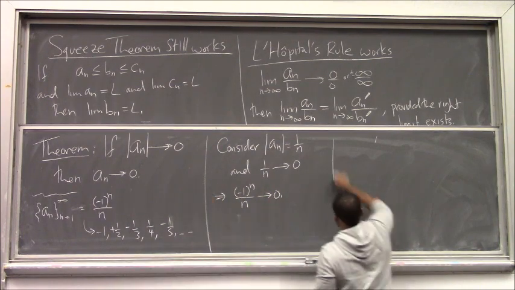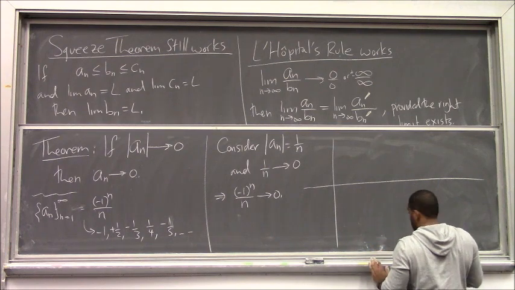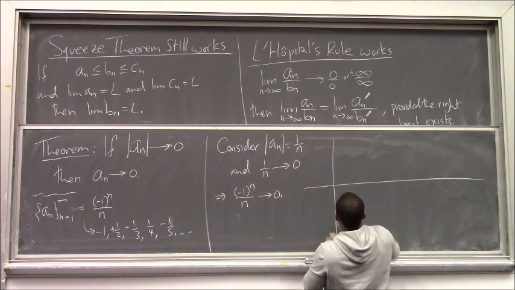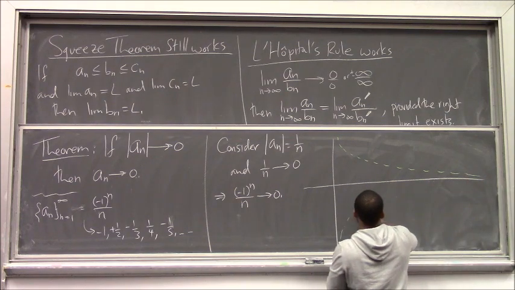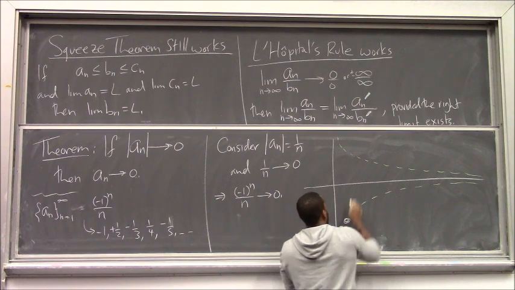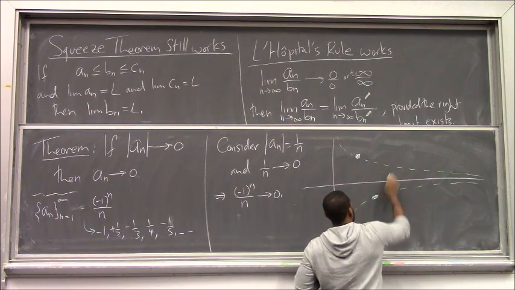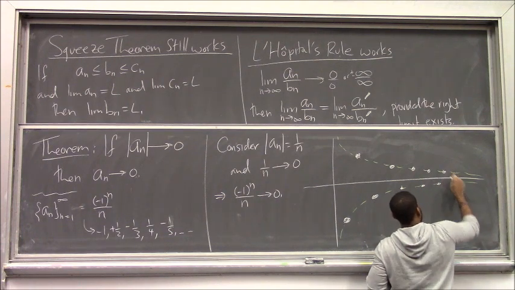You could actually see this by a picture. What's happening here is that you have a trend going towards 0 from both directions. So the guy starts out at -1, then plus a half, then minus a third, plus a fourth, minus a fifth, and they keep hopping from the one trend line to the other.